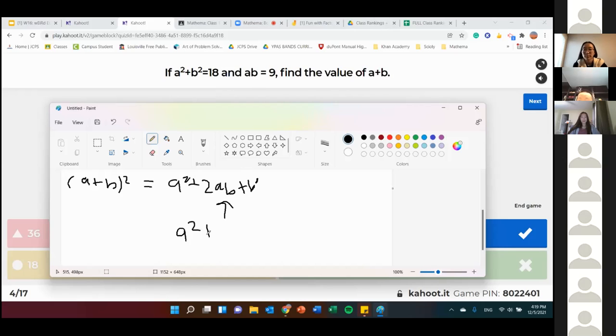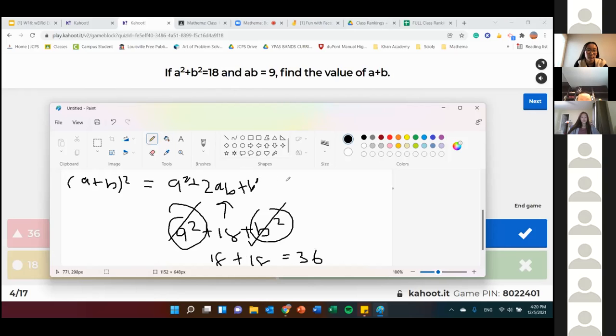Then I get a squared plus 9 times 2, which is 18, plus b squared. And it says that a squared plus b squared is 18, so I can take these out. So then it's 18 plus 18, that's 36. So 36 is equal to (a plus b) squared. Well, 36 is 6 squared, so a plus b must be 6.